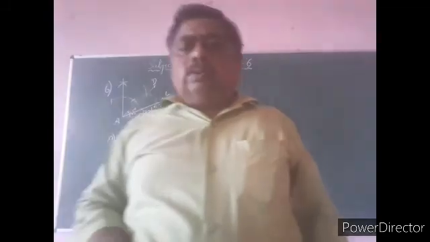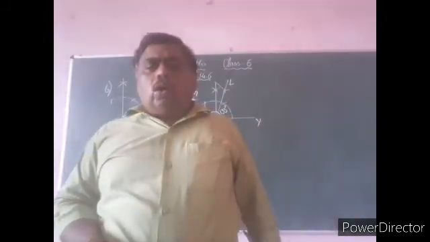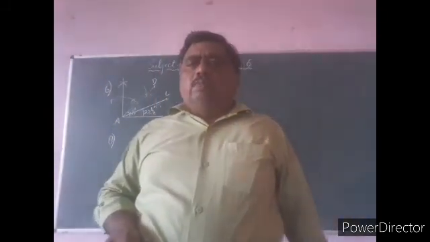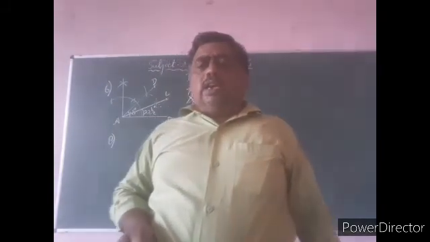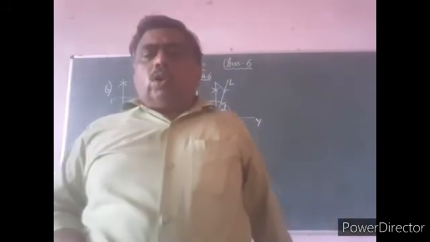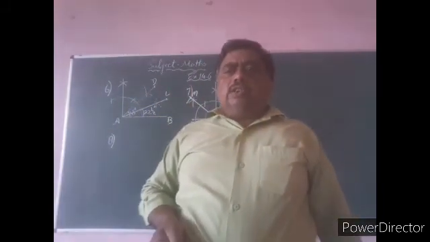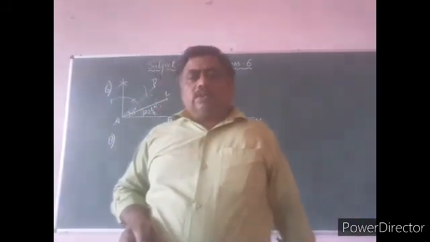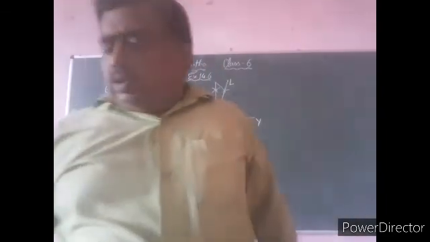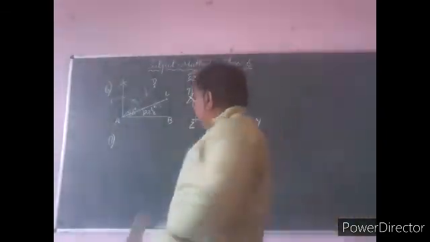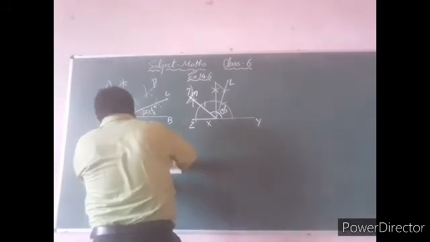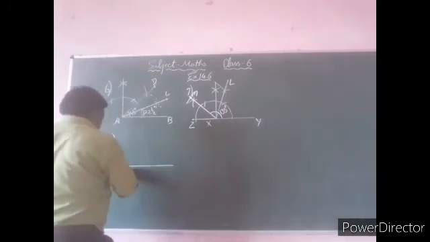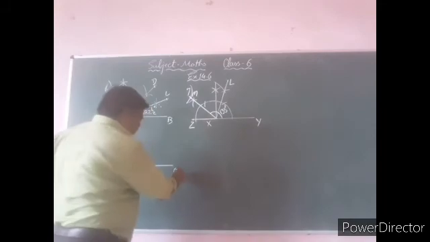Question number 8. Draw an angle of 70 degree. Make a copy of it using only straight edge and compass. So make a line PQ.